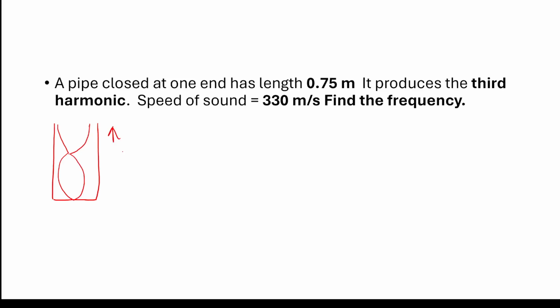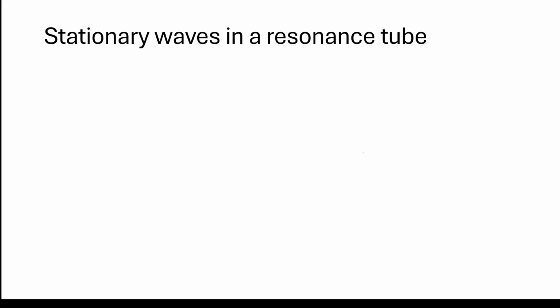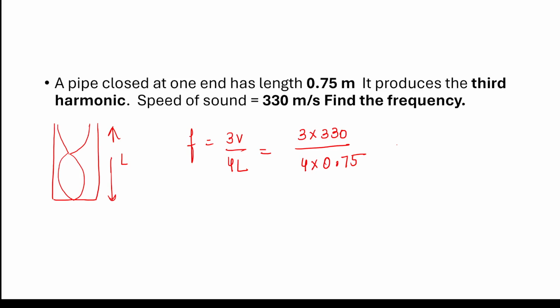So this is L. So my frequency here is 3V over 4L, third harmonic. V is 330 and L is 0.75. So check the answer. I'm going to just do it using a calculator. Give me a second.